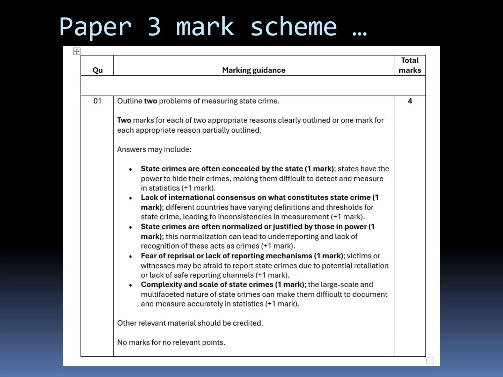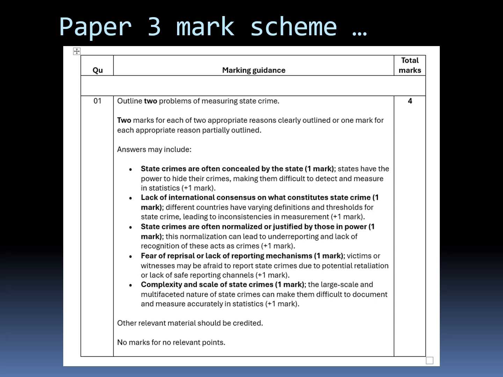Thirdly, state crimes are often normalised or justified by those in power. That will get you 1 mark, and this normalisation can lead to underreporting. So citizens might not realise that state crimes are being committed, and as a result, they do not appear on crime statistics. Fourthly, there is a fear of reprisals or lack of safe reporting mechanisms.